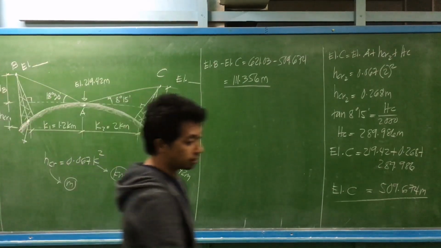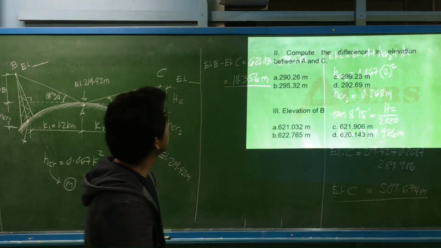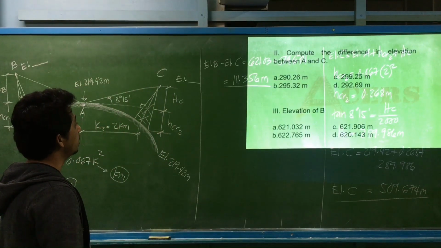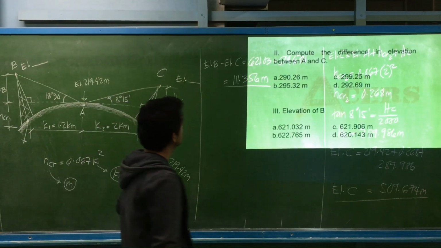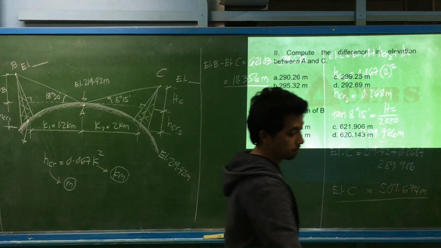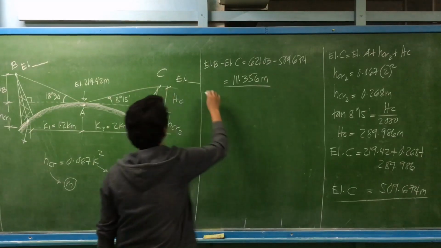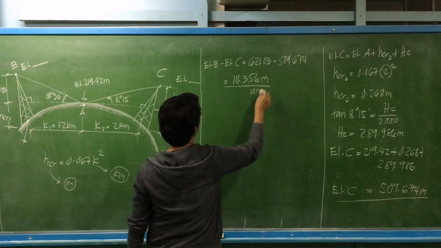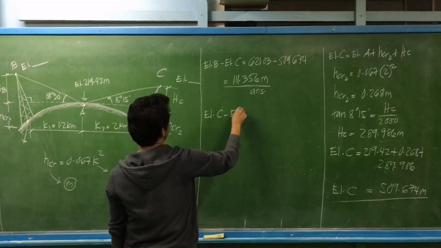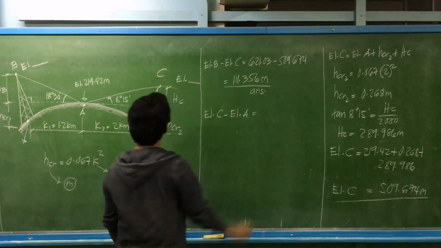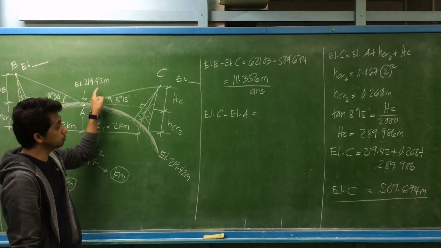Okay, yung next required is compute the difference between A and C. So yung next requirement, ito na yung sagot natin sa first. Yung sumunod naman daw is elevation of C minus elevation of A. Pero di ba madali na lang yon? Kung ano man yung elevation ni C, bawas lang natin yung 219.42. Tama?